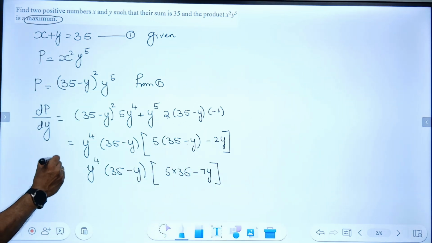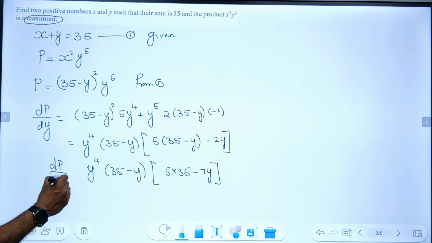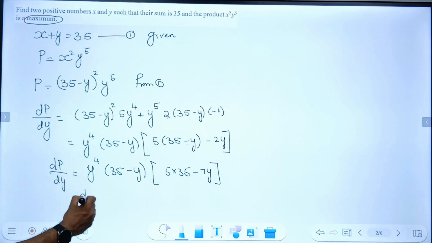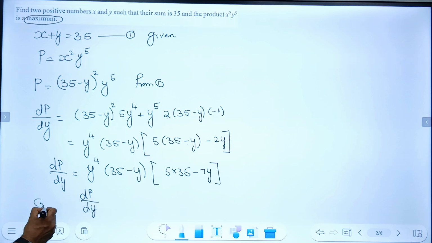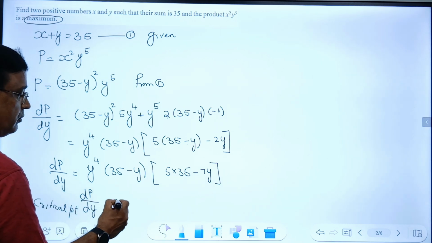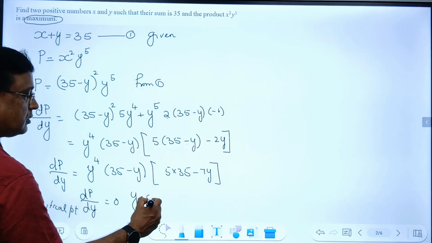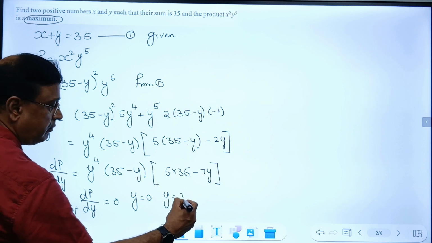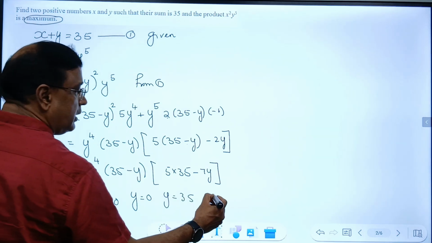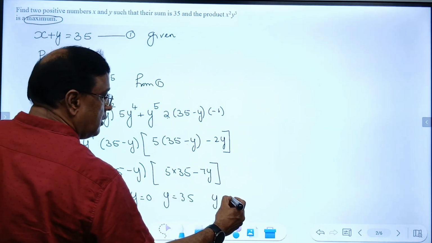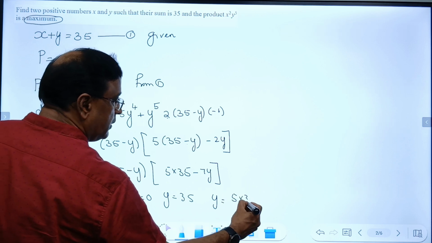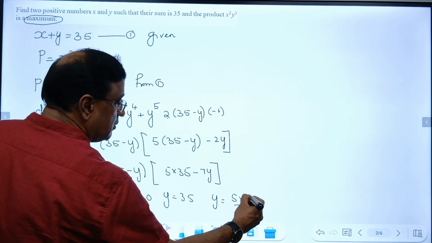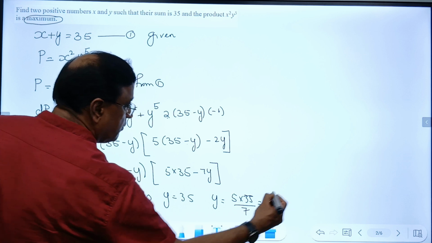Now as usual, after differentiating, I want to equate it to 0. This is called the critical point; I'm finding the turning point. So when you equate it to 0, I get y is 0, I get y is 35, and I get y equal to 5 into 35 by 7, so it is 25.